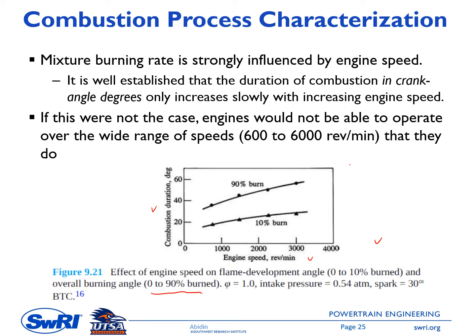So this characteristic should hold. Otherwise, once again, the engine would not be able to operate over a wide range of engine speeds, for instance from 600 RPM to 6000 RPM.